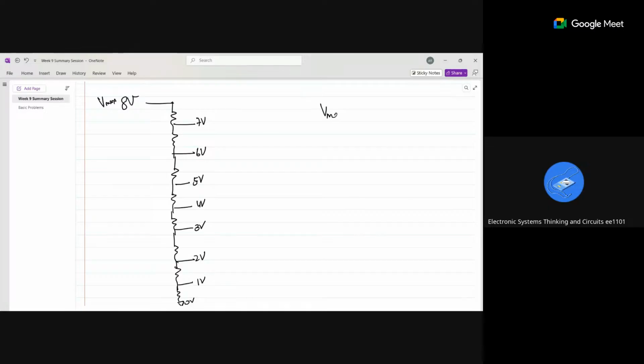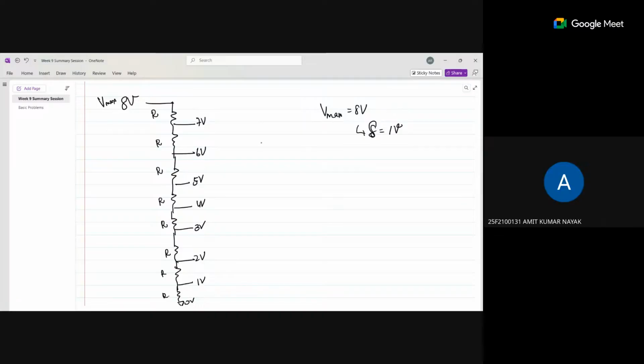First case is Vmax equal to 8 volts. In all the flash ADC, all the resistors we are choosing to be the same value, right? So for Vmax equal to 8 volts, what is the delta value? 1 volt, right?